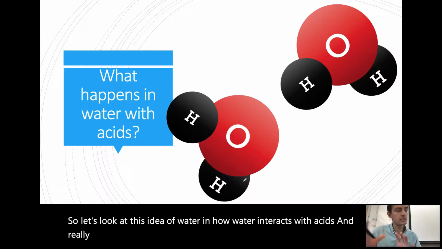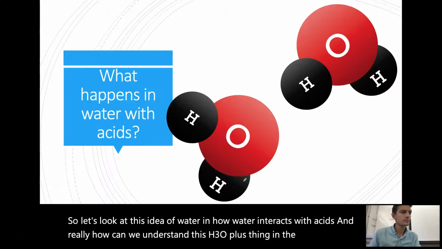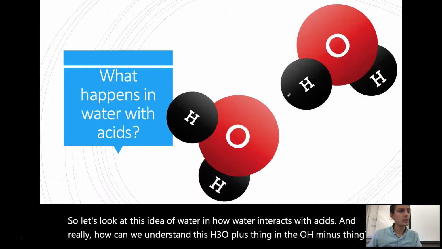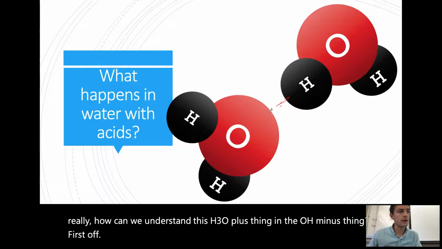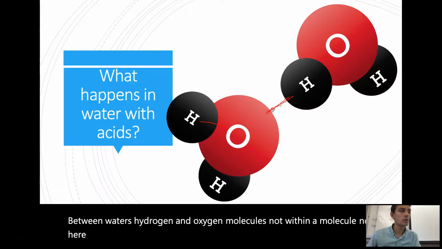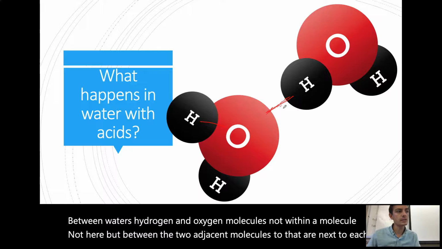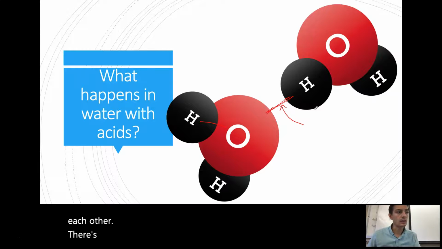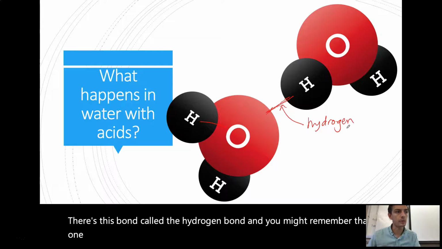and really how we can understand this H3O+ thing and the OH- thing. Well, first off, between water's hydrogen and oxygen, not within a molecule, but between two adjacent molecules, two that are next to each other, there's a bond called the hydrogen bond. You might remember that from intermolecular forces.